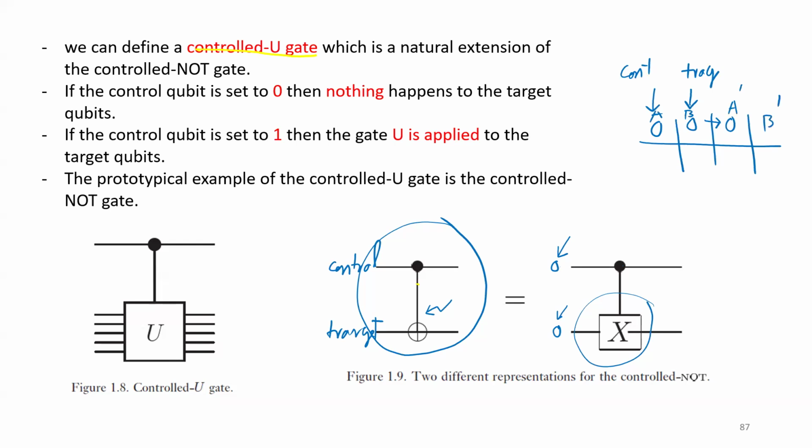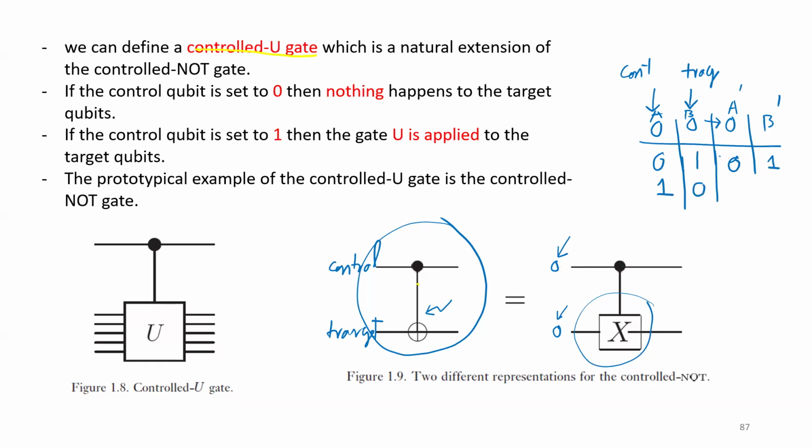So basically, as we said, if the control is 0, you get a target 0. If the control is 0 and this is 1, you end up doing nothing, because if the control is 0, it says do nothing. And then you get here the 0 and here 1. But if the control is 1, it's going to flip.